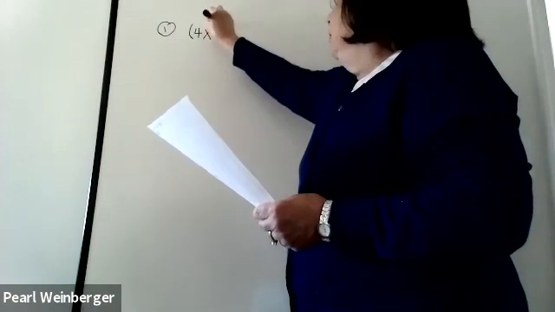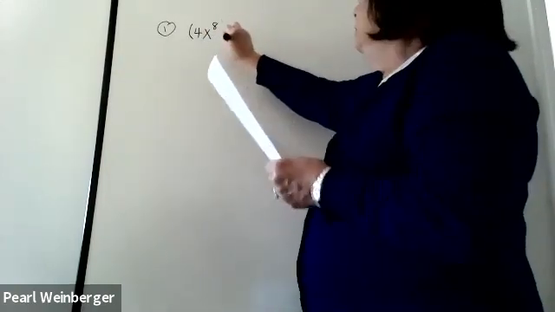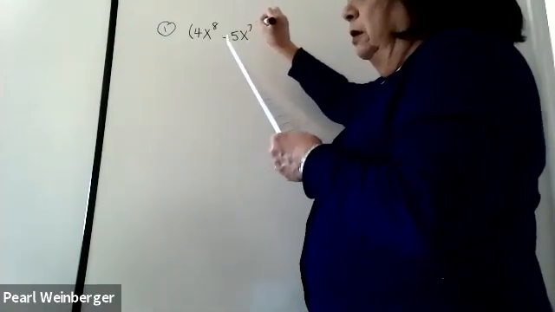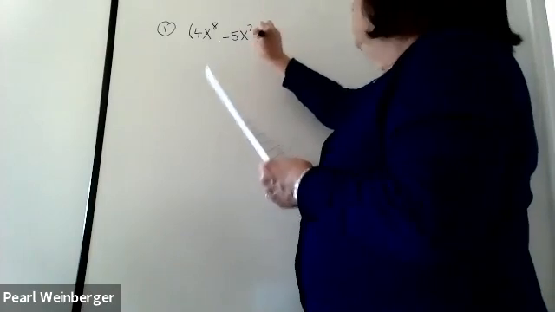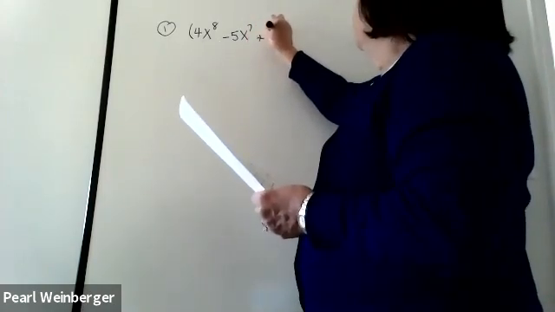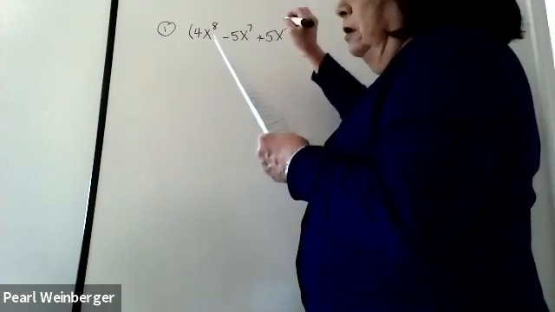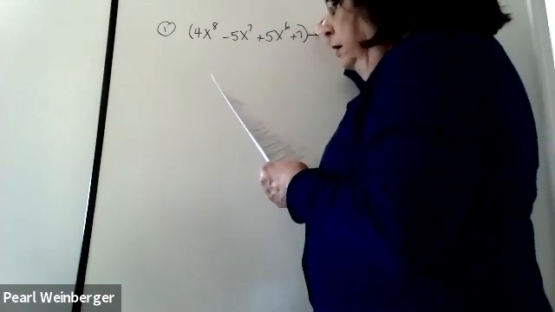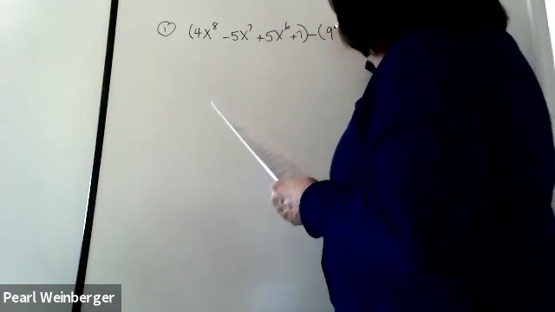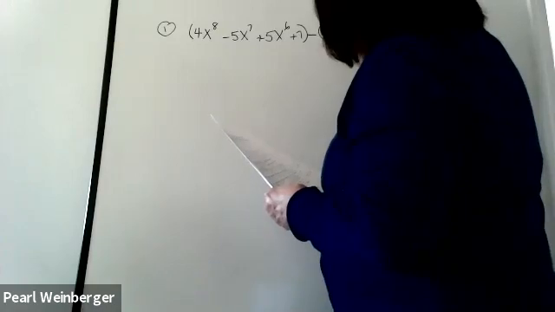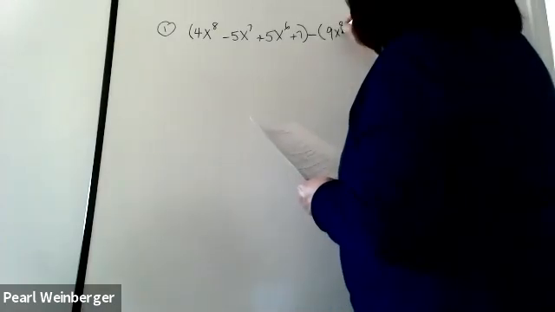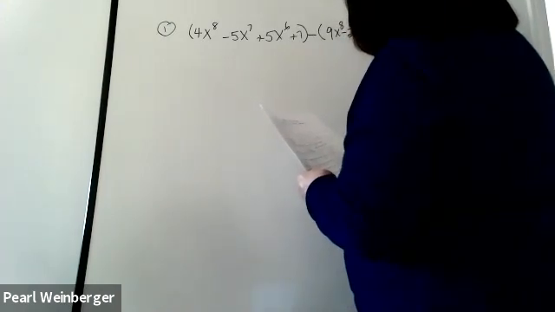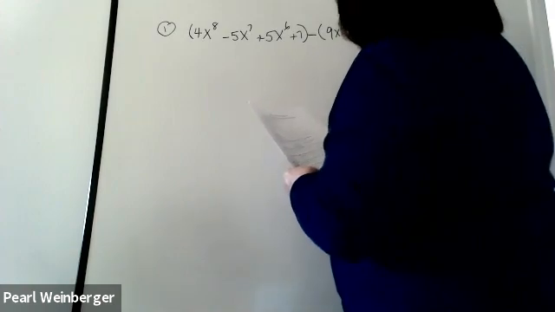4x to the 8th minus 5x to the 7th plus 5x to the 6th plus 7, minus, parentheses, 9x to the 8th minus 2x to the 7th minus 8x to the 6th plus 8.